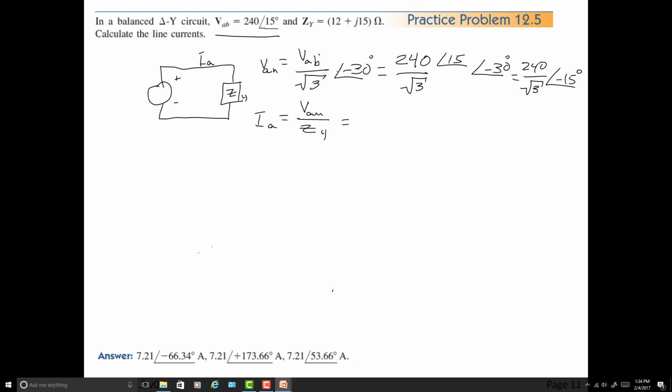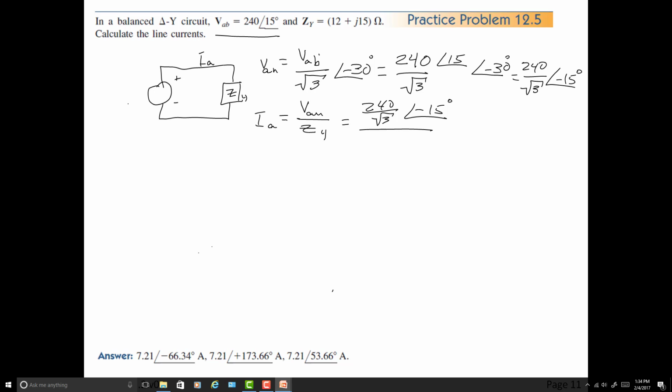And we're given ZY. We'll have to crank that one out. That's not a nice 3-4-5 or anything like that. So we'll stay with it. We've got our 240 over the square root of 3 at an angle of minus 15 degrees. And we're going to divide that by ZY.